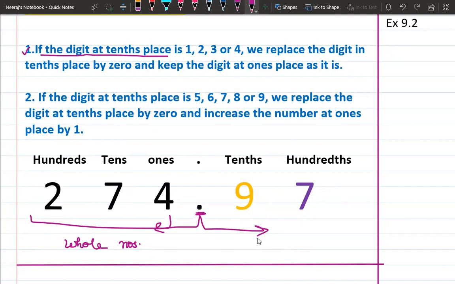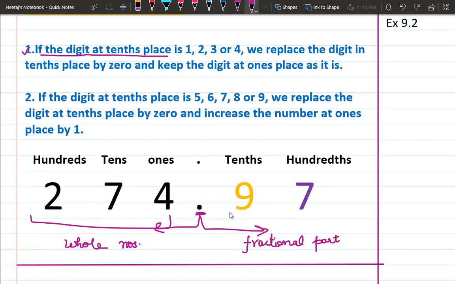The digits on the right hand side of the decimal point, following it, are called the fractional part. Why is this called a fractional part? Because its base is 10, 100, 1000, like this. These are called fractional numbers because they come in a fraction, in p by q form.